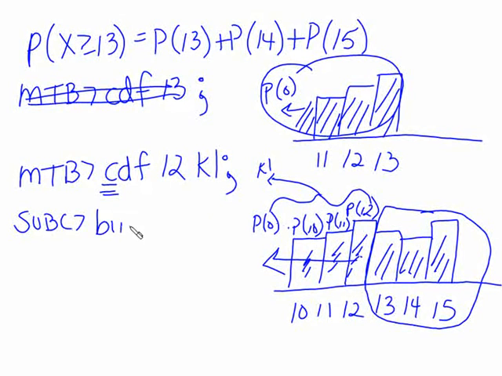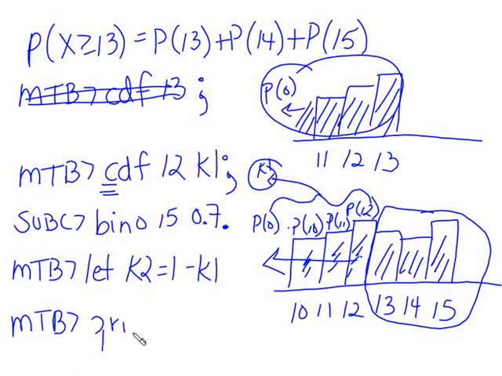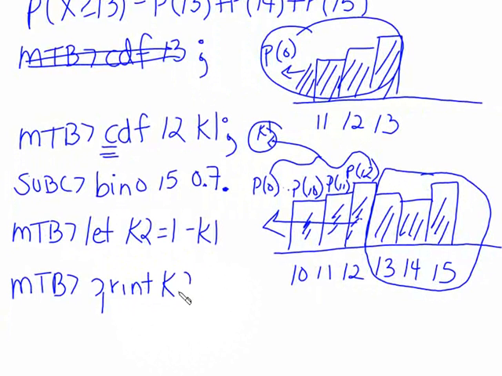The subcommand is the same as with all binomials. You enter bino for binomial. Our n was 15 and the probability of success was 70%. You do need the period. And then you have to tell Minitab what to do with what it's stored in K1. So what we're going to do is just tell it to let K2 be 1 minus K1, and then we're going to tell it to actually go ahead and print what's in K2.